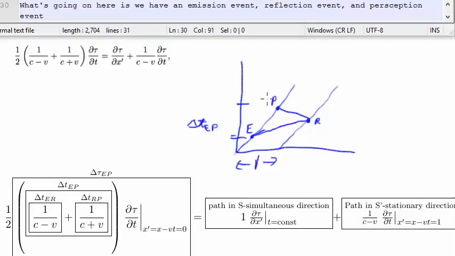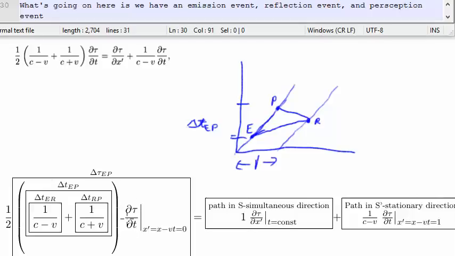Now we're going to take that delta t of the emission plus the reception, and multiply it by this factor here, which tells us how fast the traveling clock is going compared to the stationary clock. And notice this is a partial derivative.